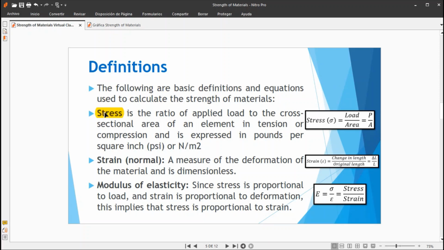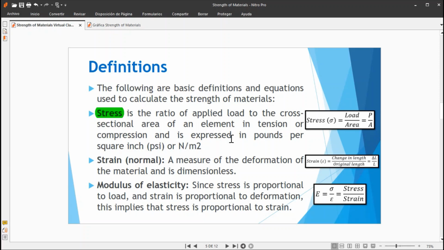Stress. Now, when we are talking about the stress, we are not referring to our bad day, a lot of work, a lot of homework, being psychologically affected because you have a lot to do. That's not the type of stress that we are referring to here. When we are talking about stress here, it is related to force, specifically a load.